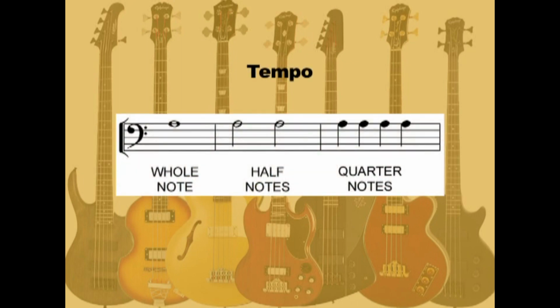The tempo of a song determines how fast or how slow each measure is counted.